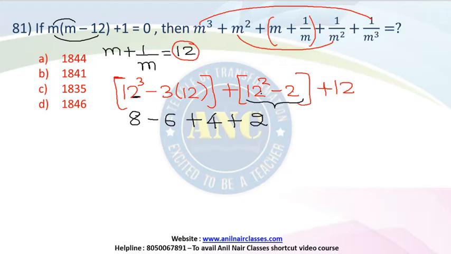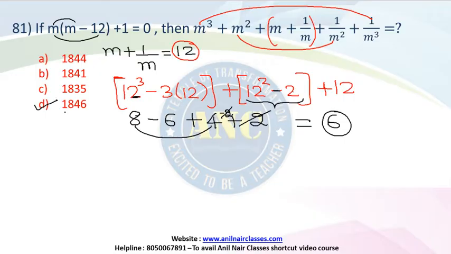Sorry, this is a small mistake, sir. 12 square is 144, the unit digit is 4, and then this minus 2 I will write as it is, and this plus 2 I wrote as it is. So now minus 2 plus 2 cancels. This is 8 plus 4, 12. 12 minus 6 is 6. Unit digit in the answer should be 6.